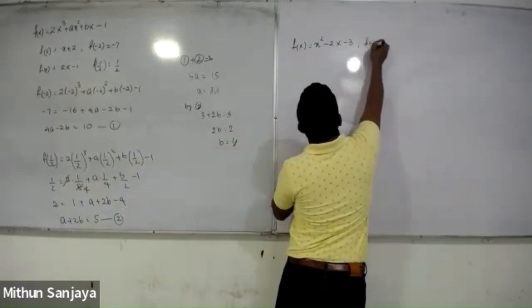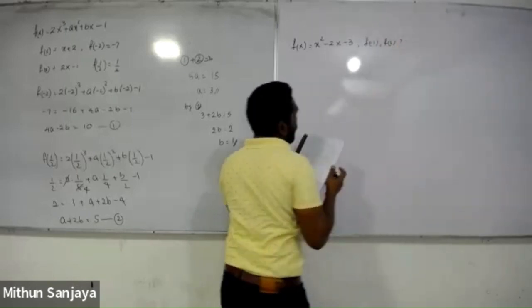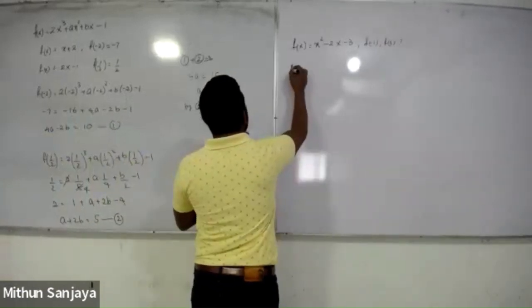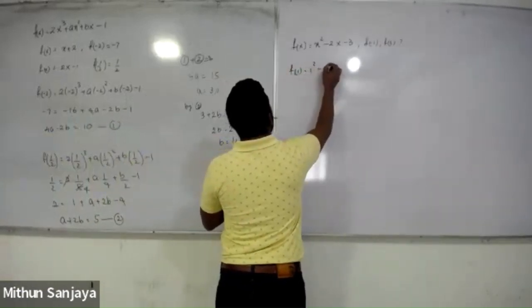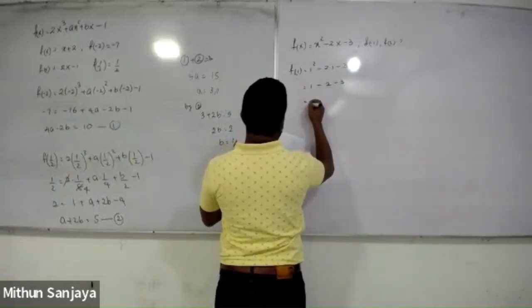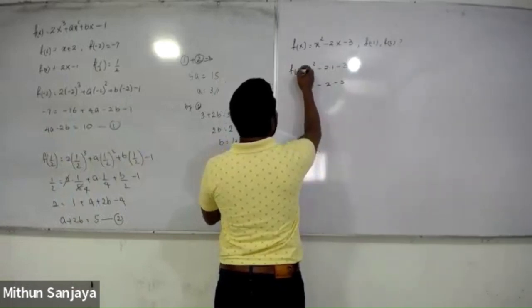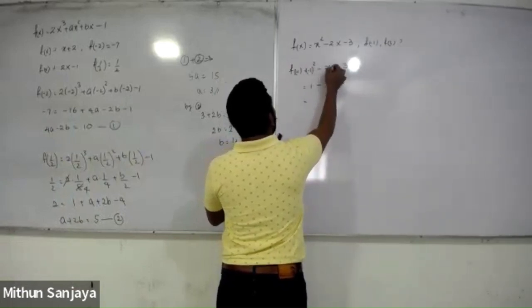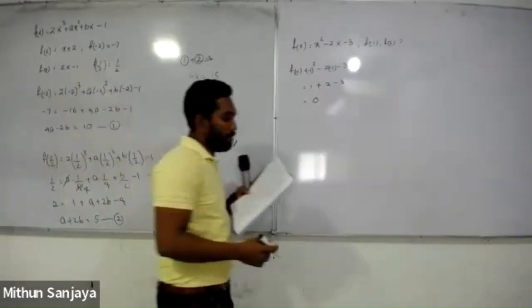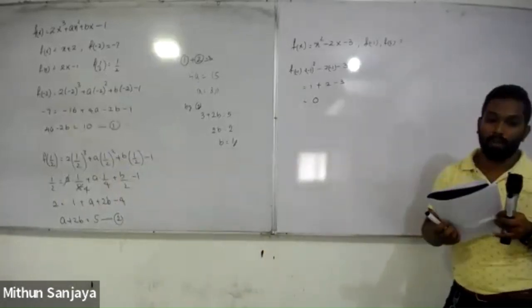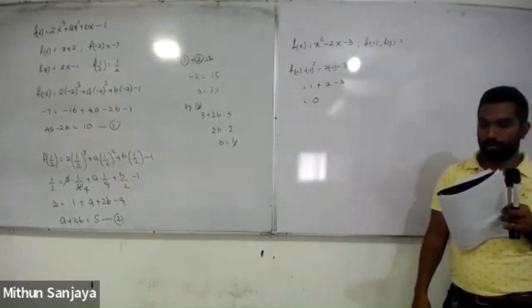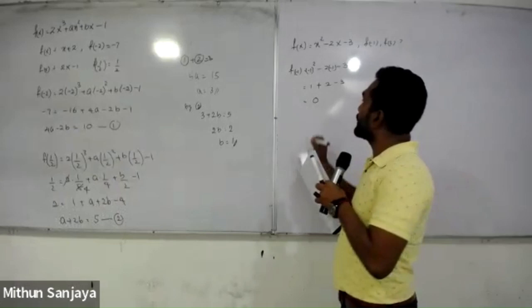Now f(1) is 1 squared minus 2 times 1 minus 3. Then f(-1) is minus 1 squared minus 2 times minus 1 minus 3. Now write the answer.